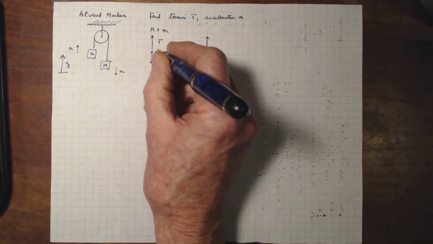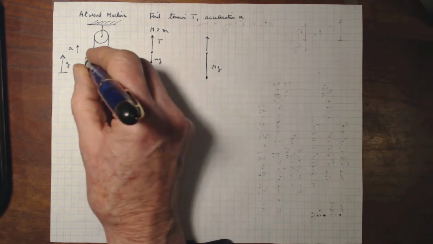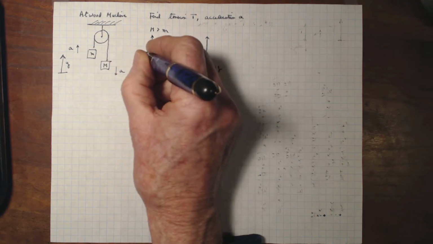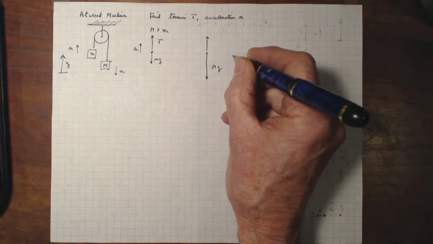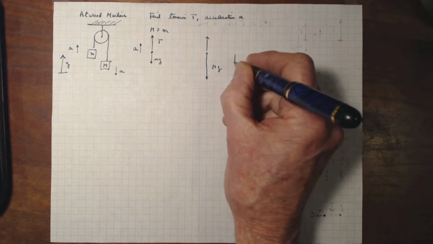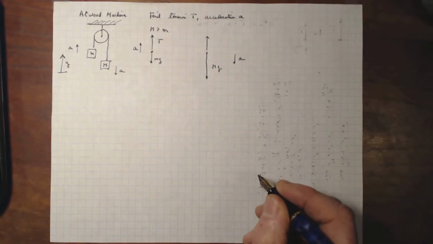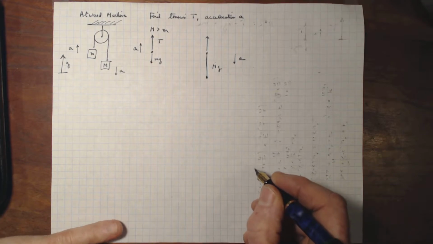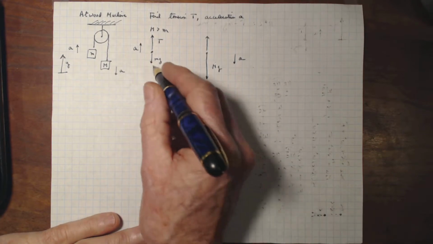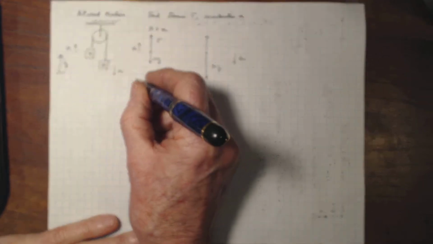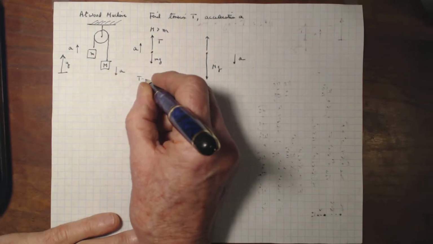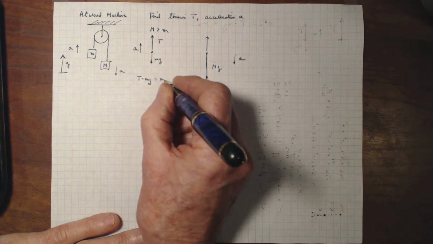And so, as we said earlier, little m is going to accelerate upwards, and big M is going to accelerate downwards. So we can write a Newton's second law for each one of these. For little m, we can say that T minus mg is equal to little m times a.